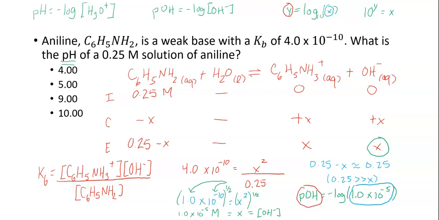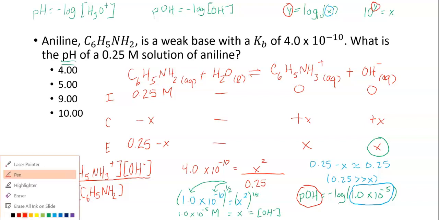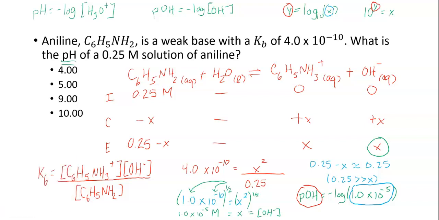So basically, we're asking ourselves 10 to what power is equal to 1.0 times 10 to the negative fifth? Well, that seems pretty easy. It would be 10 to the negative fifth power, because really, with 1.0 times 10 to the negative fifth, we can just ignore the 1.0 because you're just multiplying it by 1, which doesn't change the number. So it's really just 10 to the negative fifth.